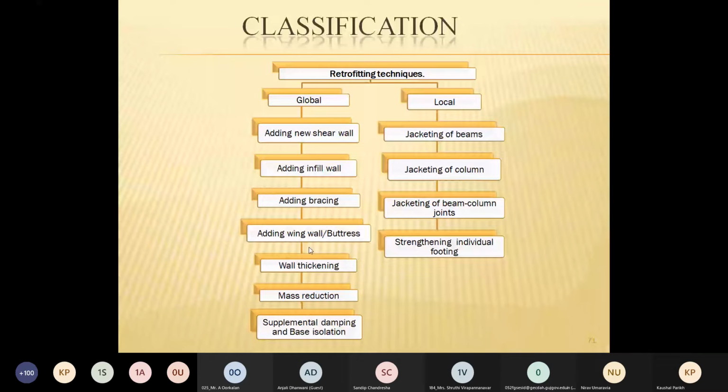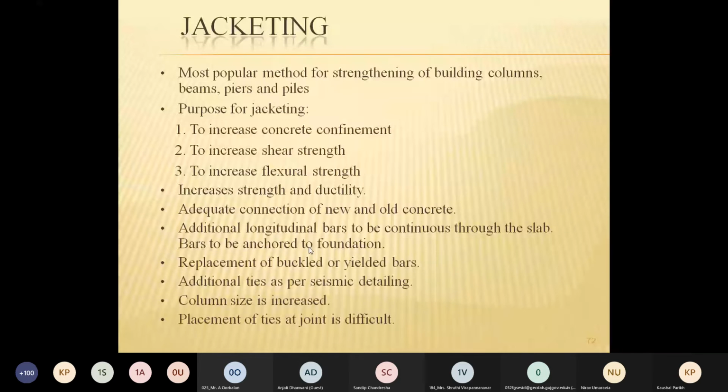Now let us go with the first one, which is jacketing. What is jacketing? How has it to be applied on the structure? This we discuss over here. It is the most popular method for strengthening of building columns, and at the site, structural engineers prefer jacketing as a technique for retrofitting a column or a beam.